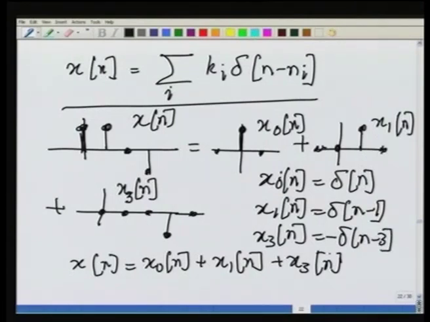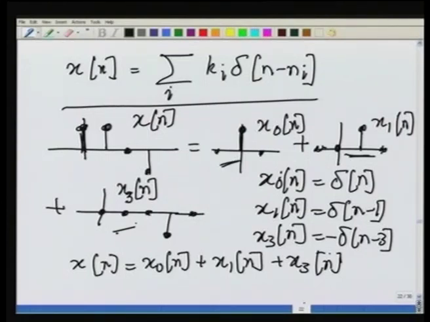This is all we have, very straightforward. You can verify each of these things. Minus delta n minus 3 is this signal, then delta n minus 1 is this signal, and delta n is this signal. So, we have all these three things.